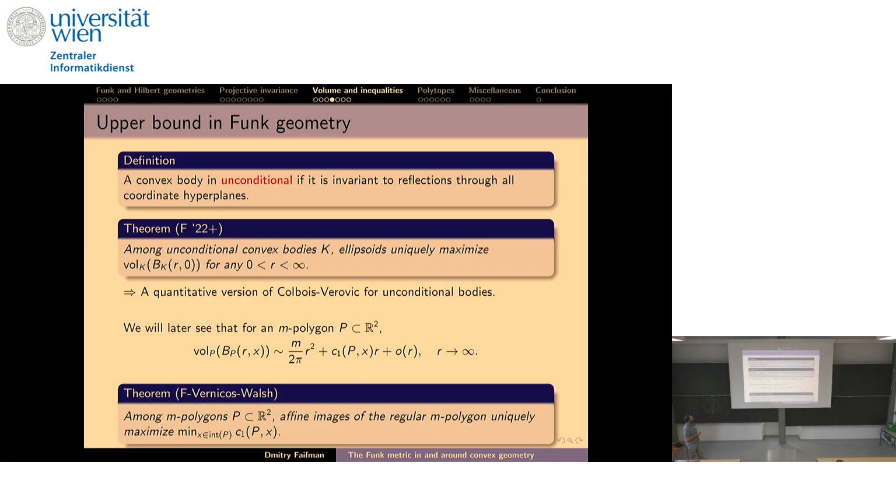So the leading coefficient just depends on the number of sides. And then the first coefficient is the first thing that actually depends on the geometry of the polygon. And here we can prove together with Konstantin Vernicos and Cormac Walsh that if you minimize that coefficient over all center points, then this is maximized by the M-gon which is closest to being round, namely the regular M-gon, up to affine images.